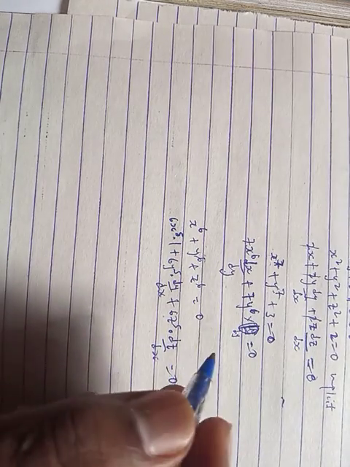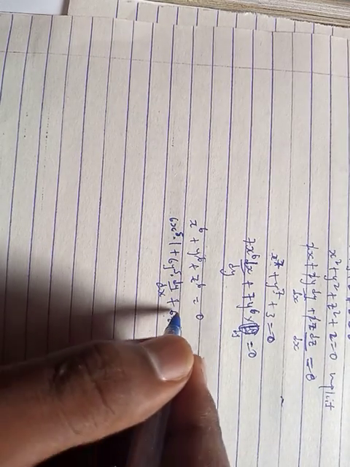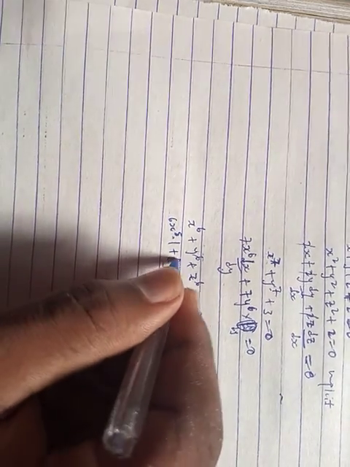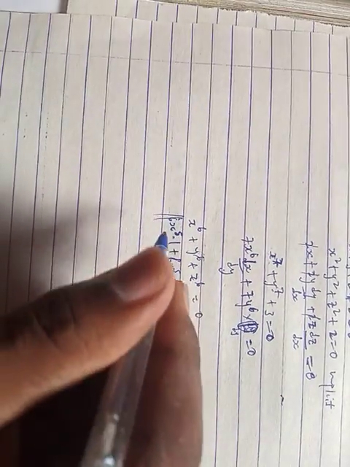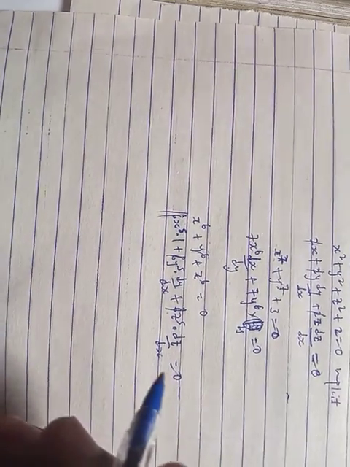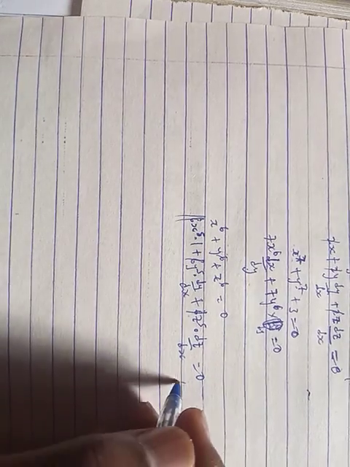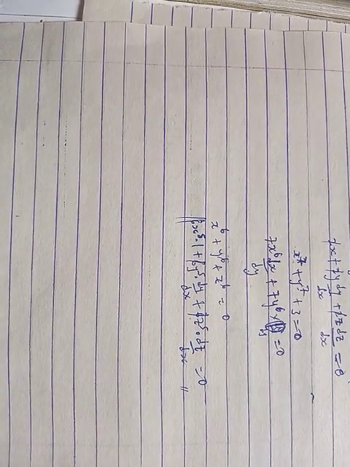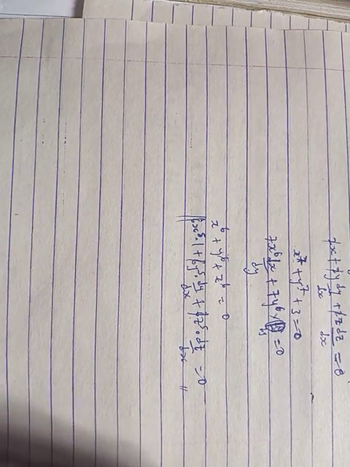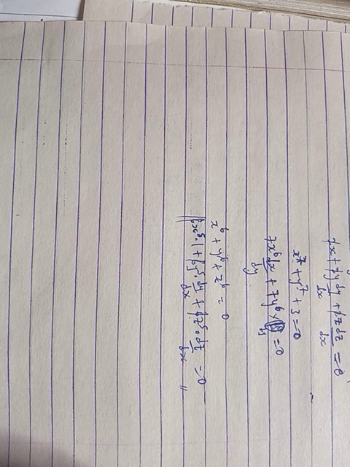Then we have it equal to 0. So as a mathematician, you realize that this will go out with this and go out with that, leaving the final expression as below. So that is it, guys. This is just implicit differentiation, that is differentiation of implicit functions. That is it.